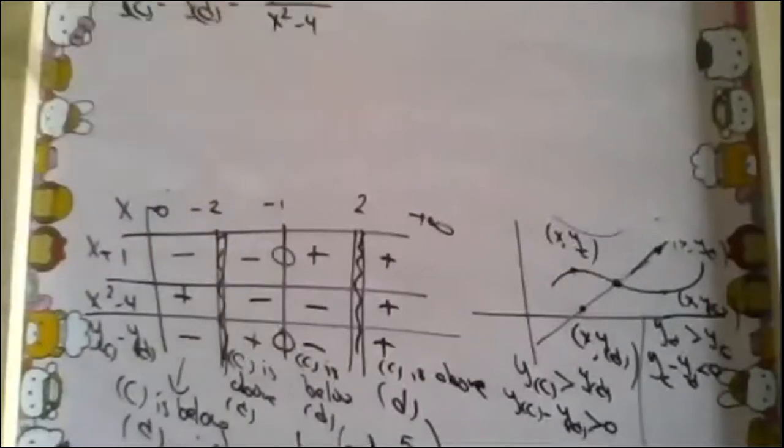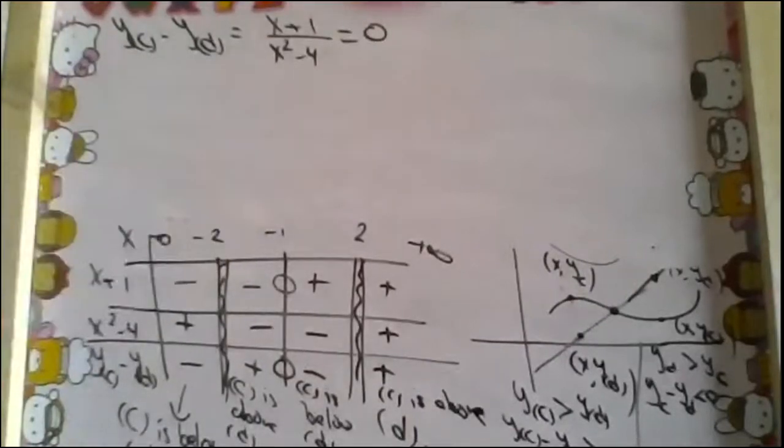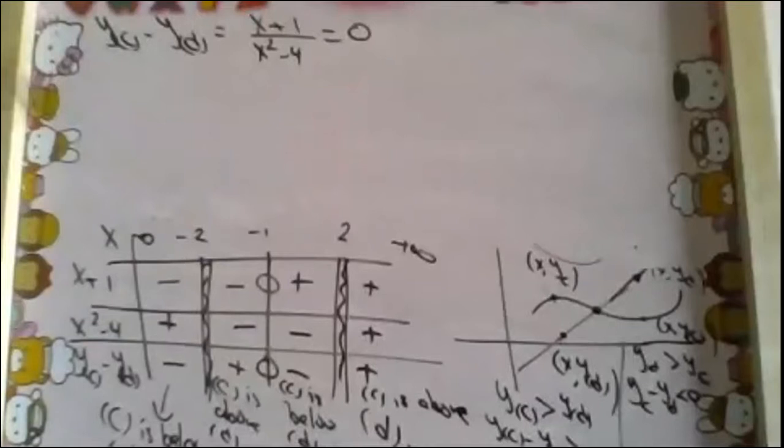Move the camera up a bit. And you need to study the sign of this. Step number 1, you put it equal to 0. Yani you are finding the intersection. When you put it equal to 0, it means that you are finding the intersection point.